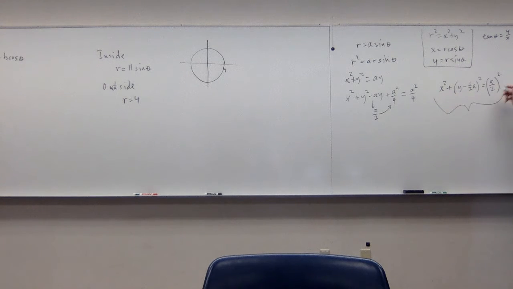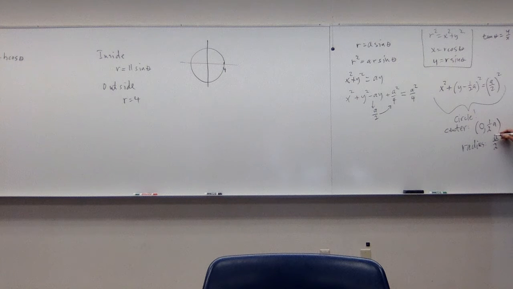Now we look at what we got and we say that is a circle. The center is at, what's the x coordinate of the center? 0. And the y coordinate? 1/2 of a. And the radius? 1/2 of a.